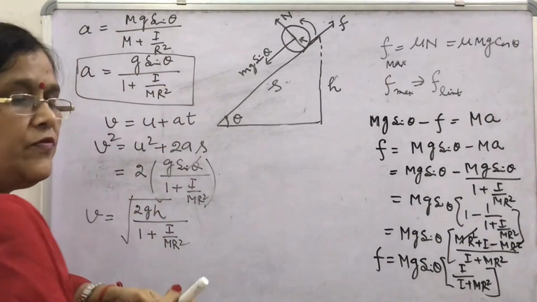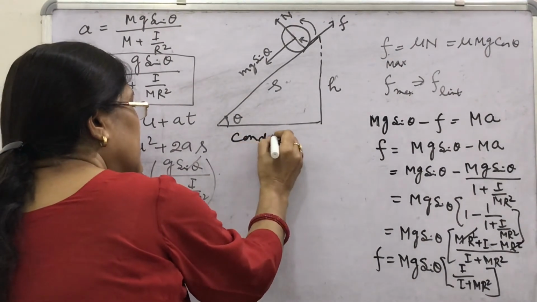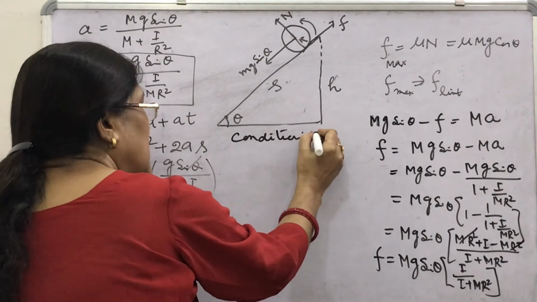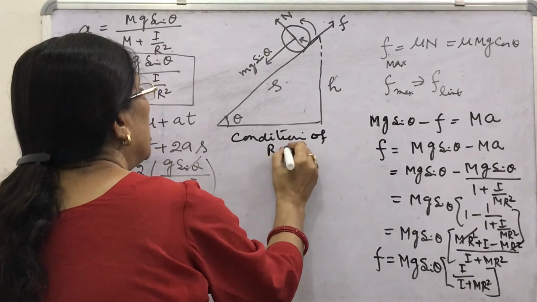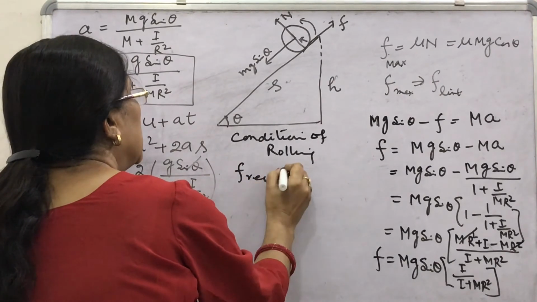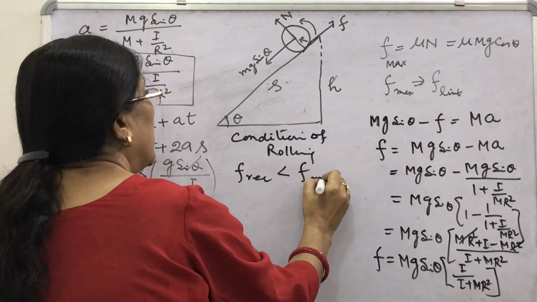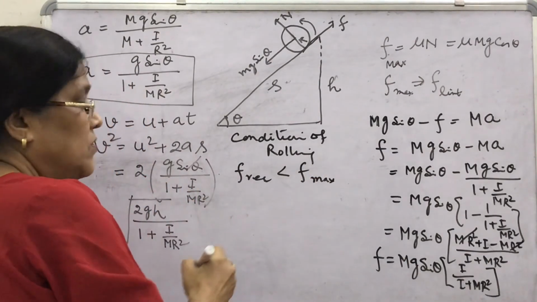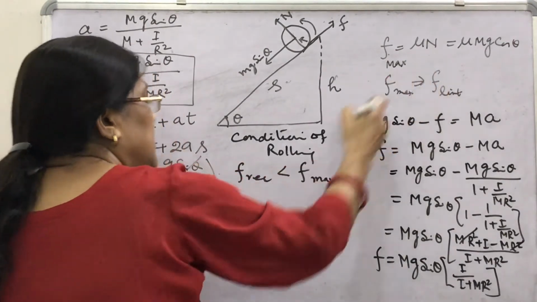Then we know for rolling, what is the condition of rolling? For pure rolling, the required friction should be less than F maximum, or limiting friction. Required friction is this much and maximum friction is mu mg cos theta.